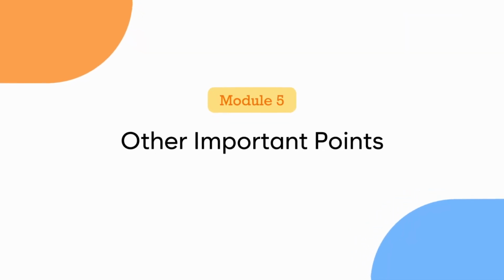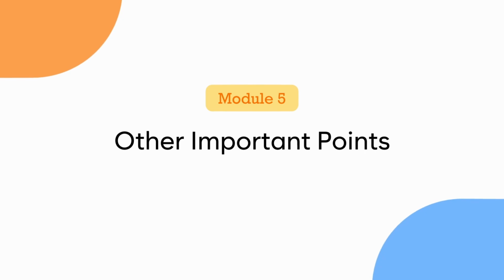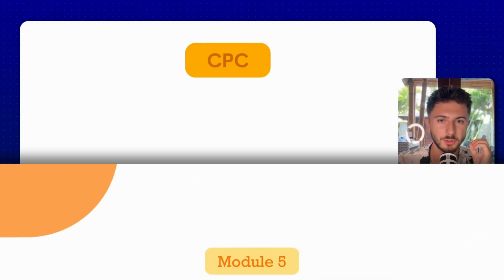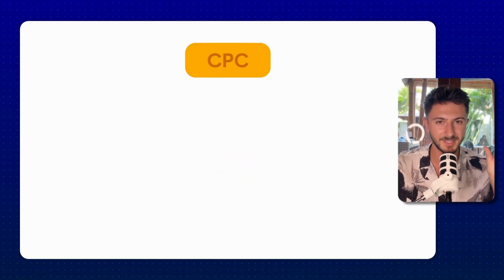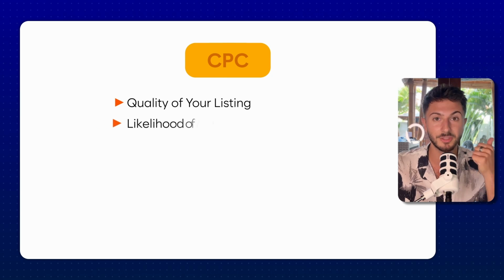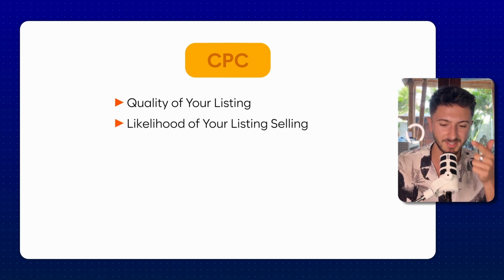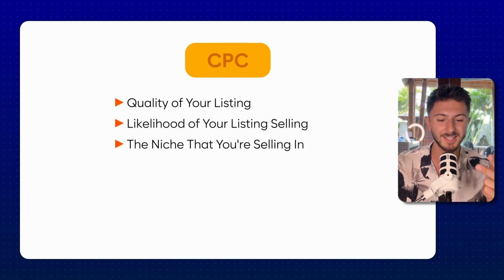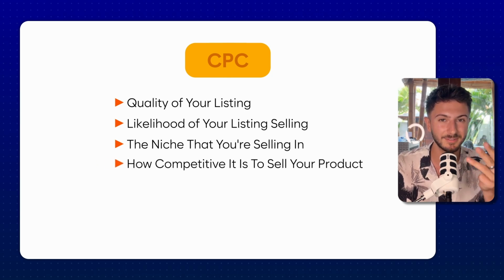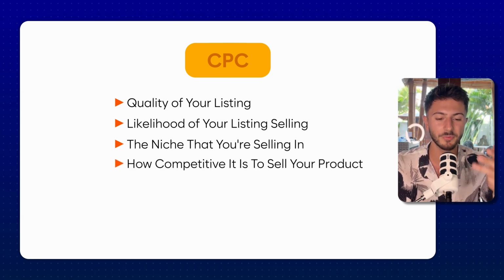And now I just want to quickly cover some other aspects that are very important for you to know. So when we talk about cost per click, CPC, this is going to differ massively depending on a whole number of factors, including the quality of your listing, the likelihood of your listing actually selling as determined by Etsy, the niche that you're selling in, and also how competitive it is to sell your product versus all of the competition that you're competing against.